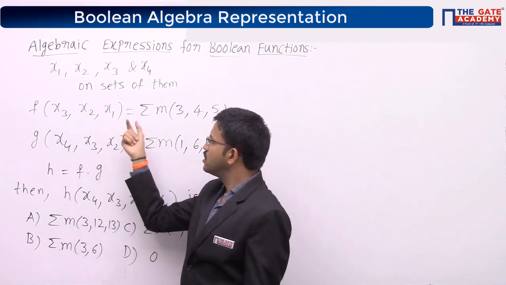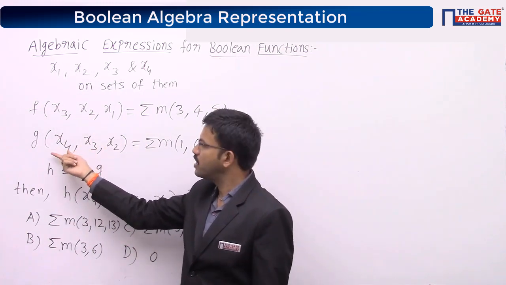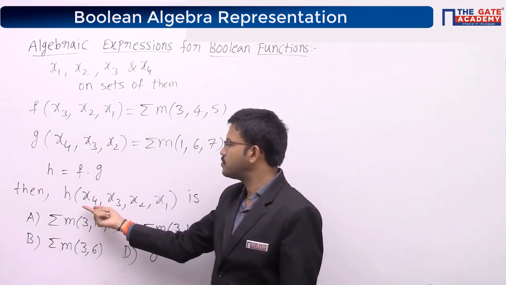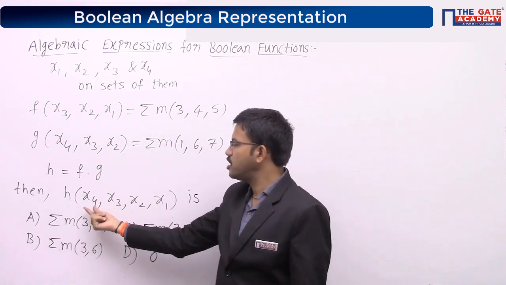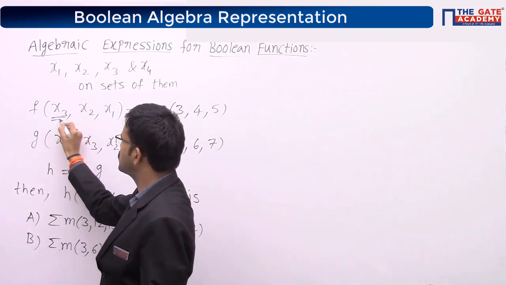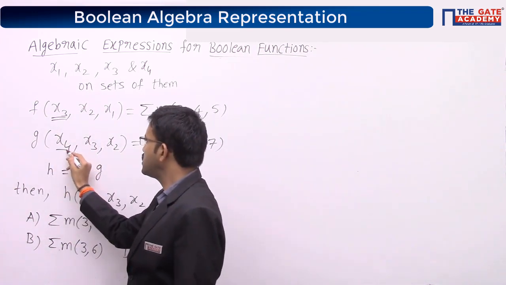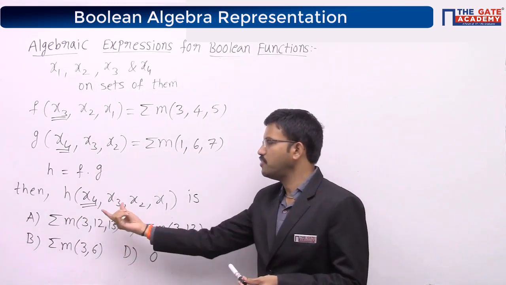But here, this function is defined on the variables x3, x2, x1, and this one on x4, x3, x2, and the resultant H, the product of these two, has the variables x4, x3, x2, x1. That means here the MSB is x3, here the MSB is x4, and in H the MSB is x4. Here we have four variables.